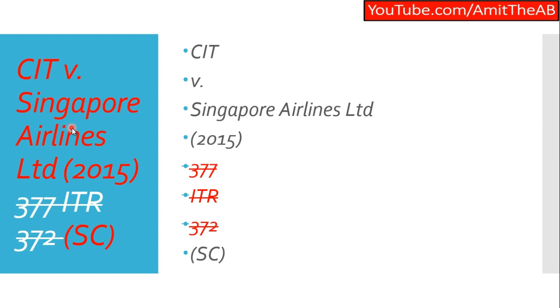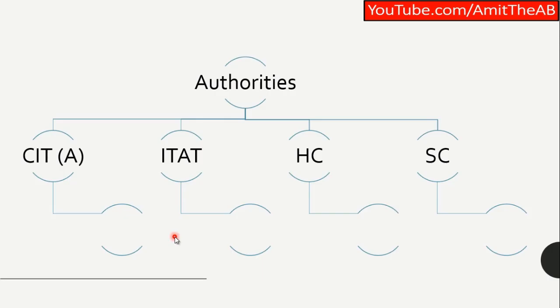Let's go deeper and you'll be able to understand. First, what are the images that you can use for the adjudicating authority? You would go in reverse order, of course: adjudicating authority, then year, and then plaintiff and defendant. Authorities: in the Income Tax Act, there are four authorities.